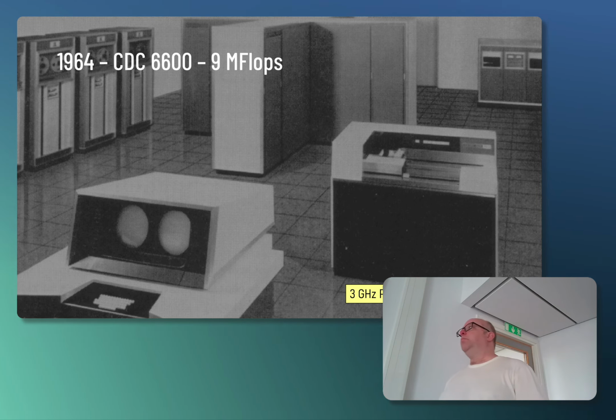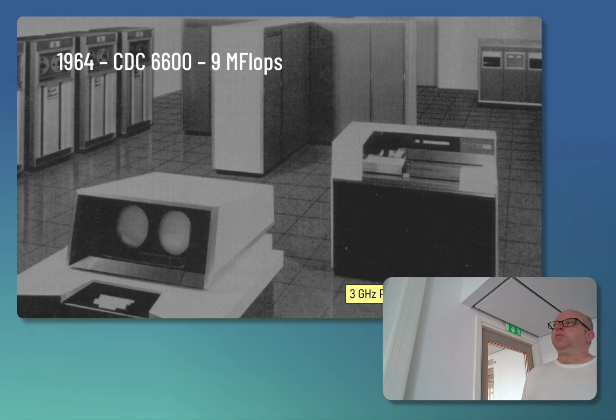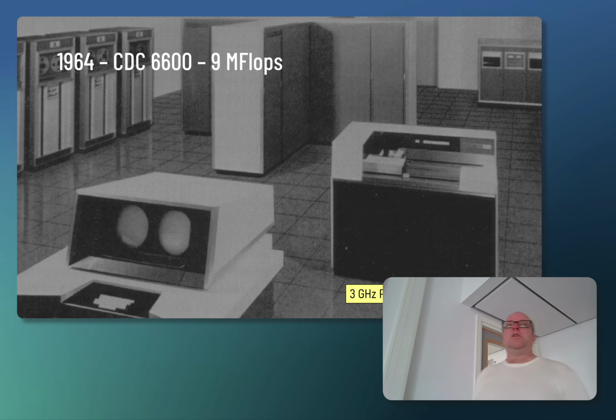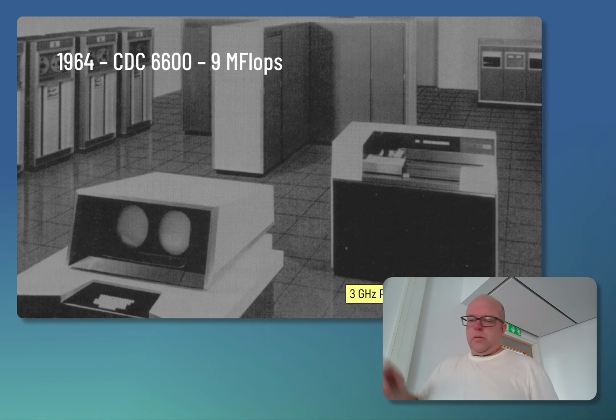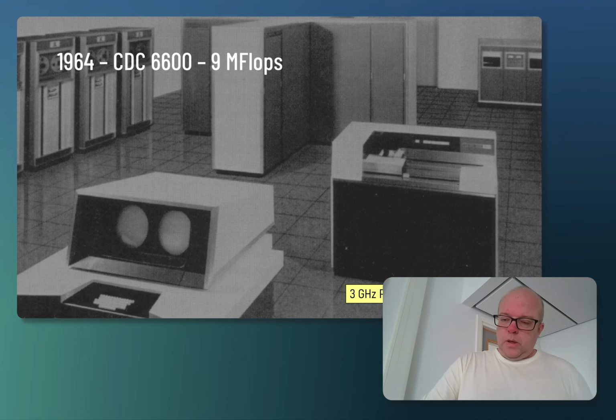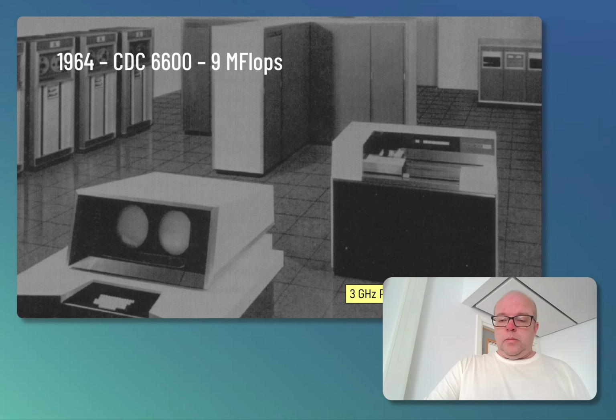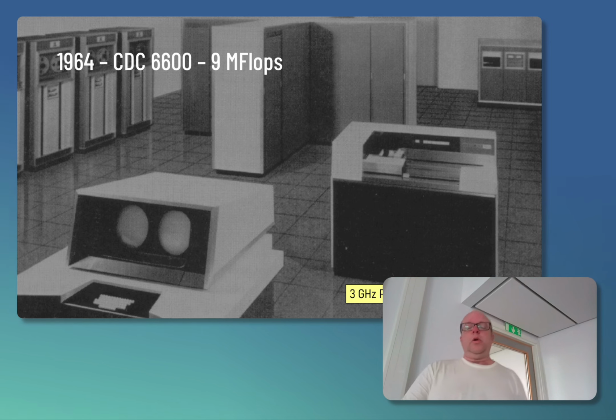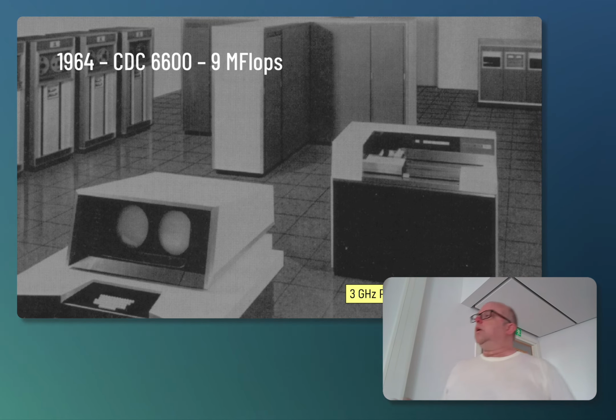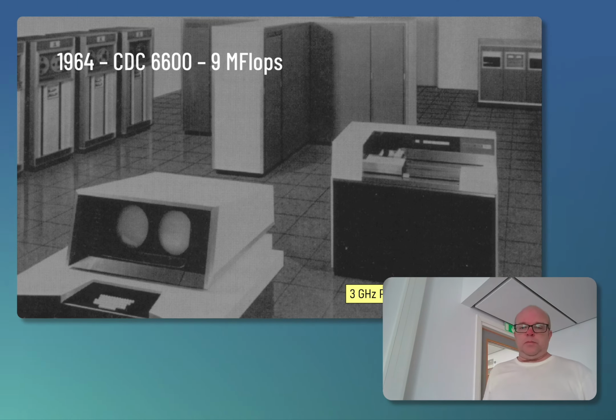And what does megaflops mean? A megaflop is a million floating point operations per second. If you compare today, I think this is already too old. We are at 100 gigaflops on a PC today. So we are much higher than this.